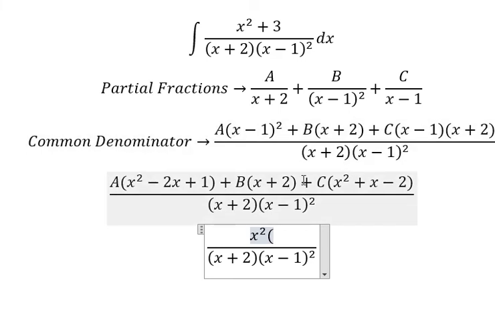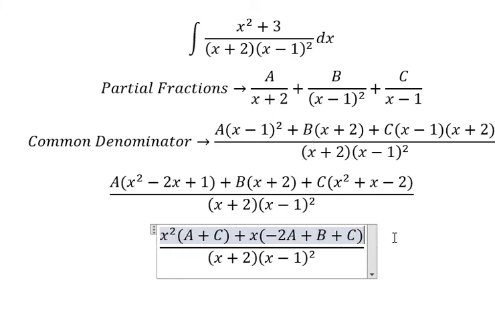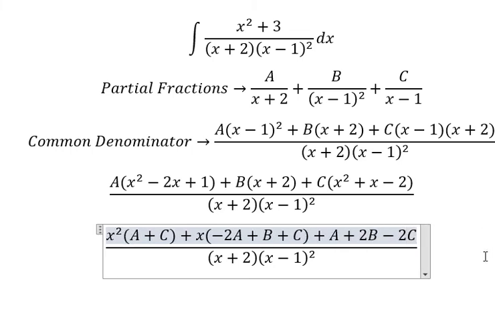So we have A plus C. About s, we have negative 2A plus B plus C. About the constant, we have A plus 2B minus 2C.